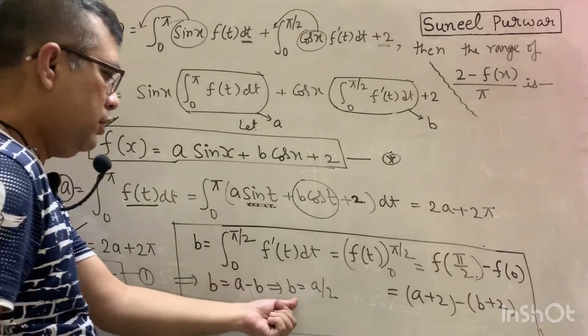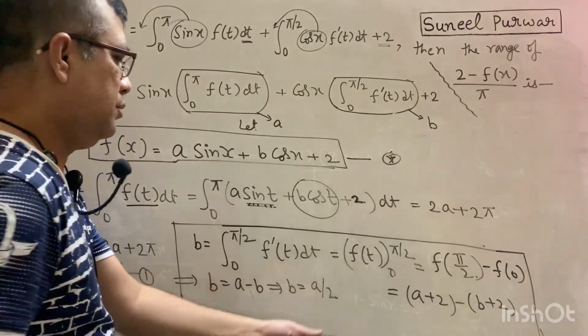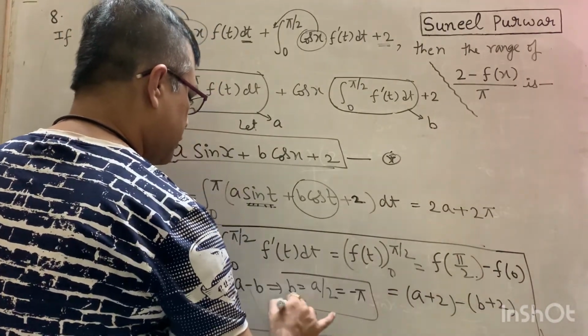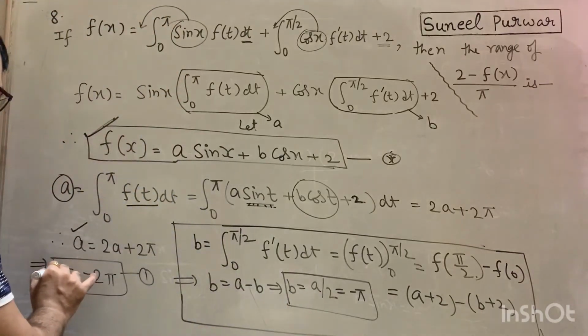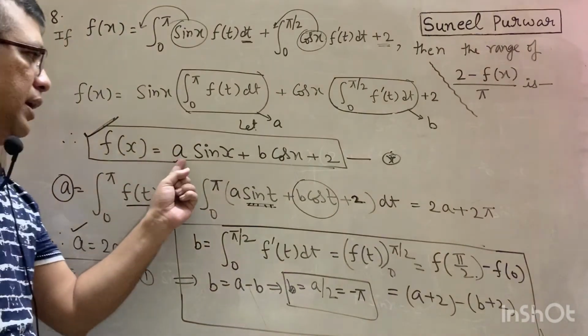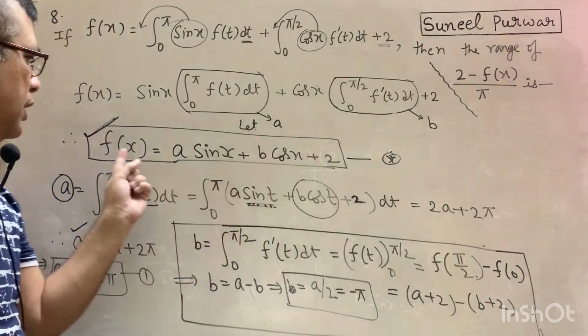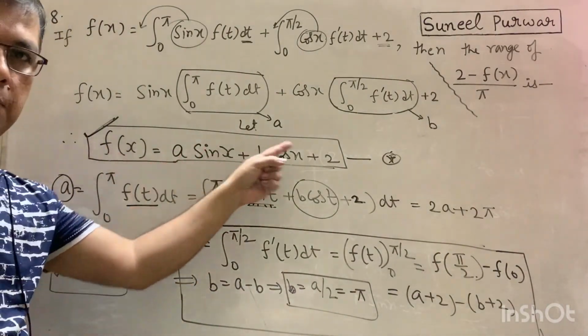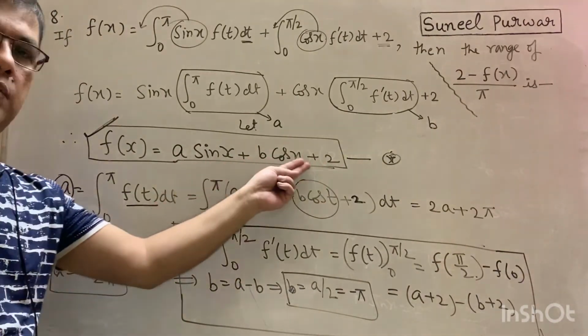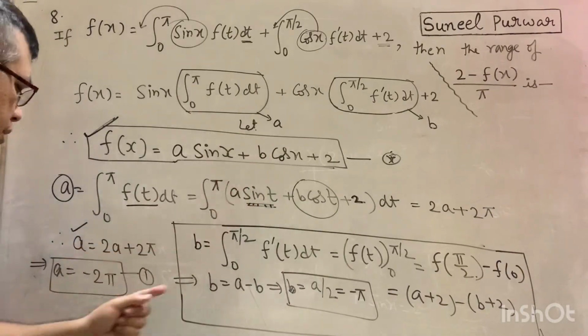So b value will become minus pi. B equals minus pi. So we have got the values of a and b. Now getting a and b values means we have got the function f of x completely without any unknowns. Of course, x is the variable, but the a and b values have been found.